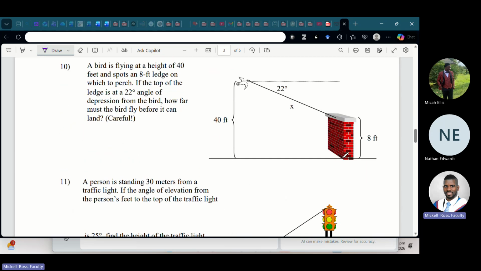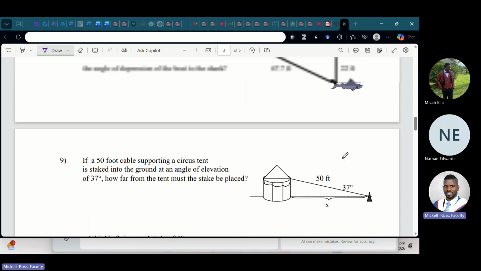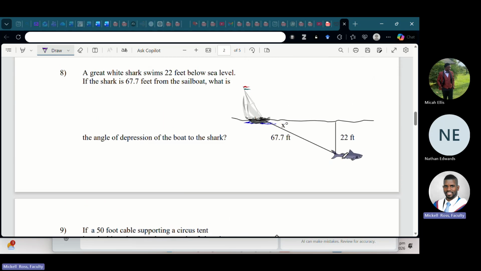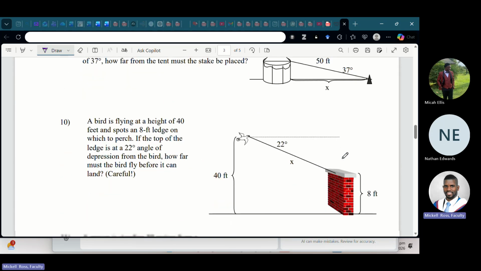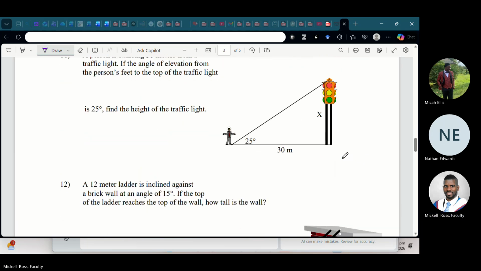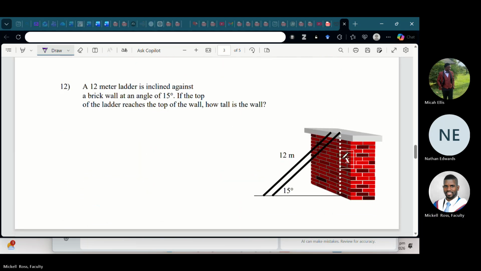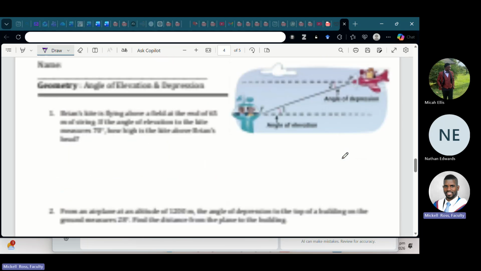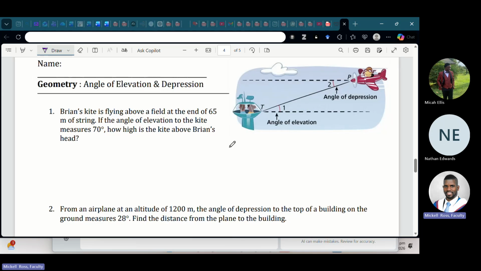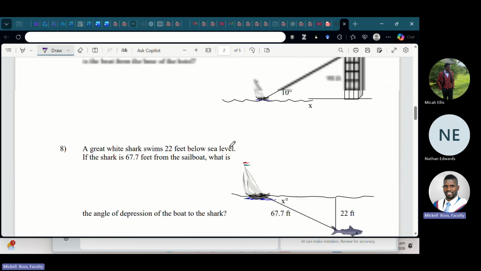So I'm going to be working out number 8 and number 10, and then I'm going to do some of the worded problem questions. So that's 8 and 10.